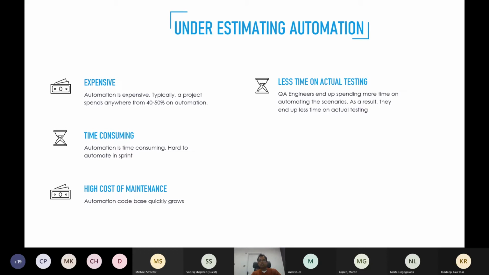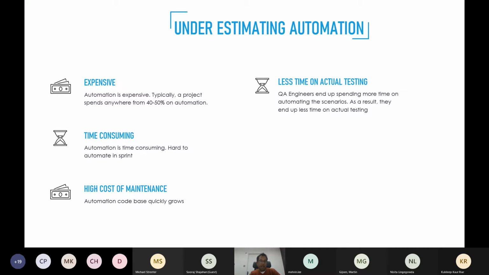Because the automation engineers focus mainly on coding, I've seen that they may end up spending less time on testing. The reason being, automation engineers are not necessarily experts in coding. They're not hired for that purpose.